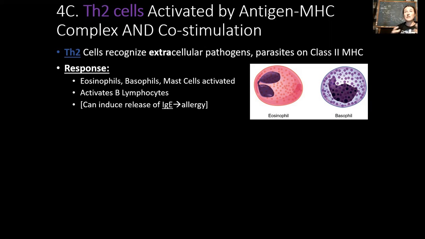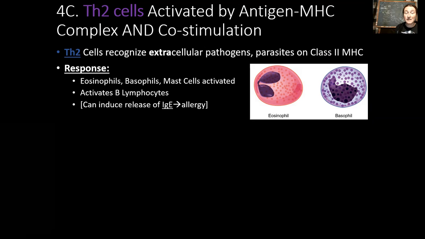And so without T helper cells, such as in the case of HIV, right? HIV hijacks T helper cells so that they cannot activate all of these things that we're talking about, most importantly, the B lymphocytes. And so that's why the immune system of HIV patients and then later AIDS patients, right, immunodeficient patients is so compromised, right?